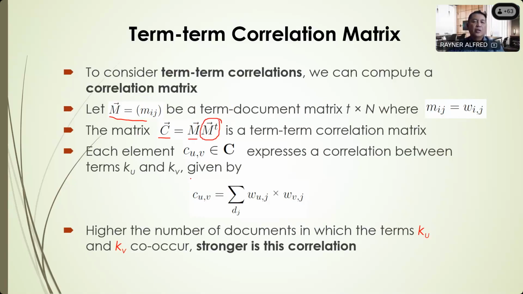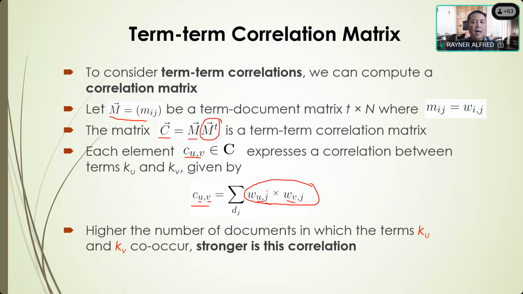Okay, so the individual weight that we have here simply says that if the weight is high, that means there is a high correlation between term u and term v, because of this calculation: the weight for term u in document j times term v in document j.